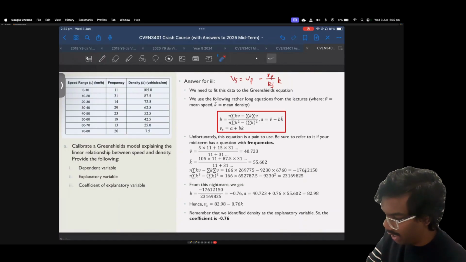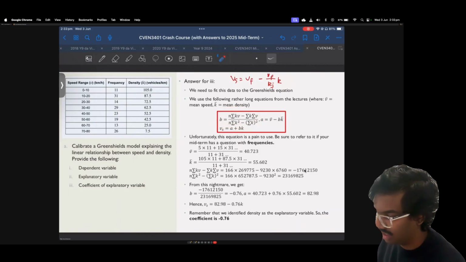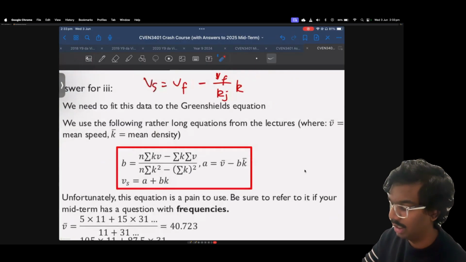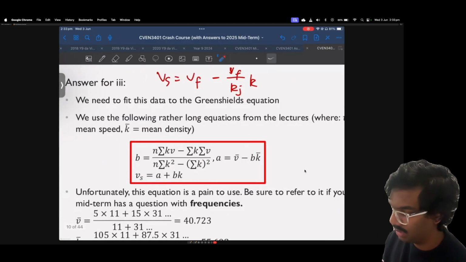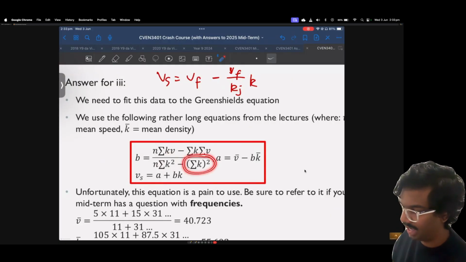We're just told these equations. B equals n times the sum of K times V, minus the sum of K times the sum of V, over n times the sum of K squared minus the sum of all of the K, squared.